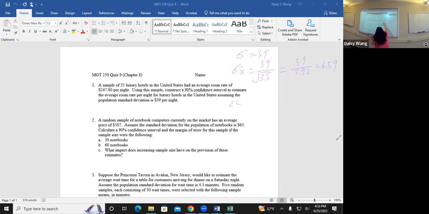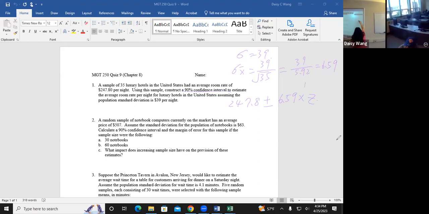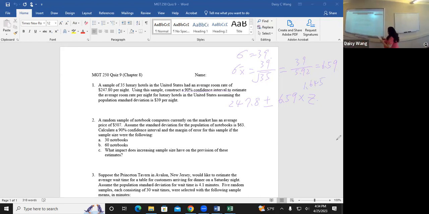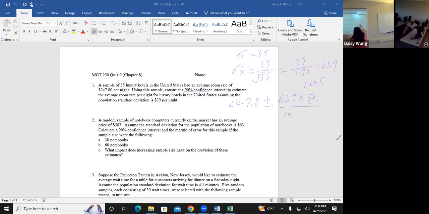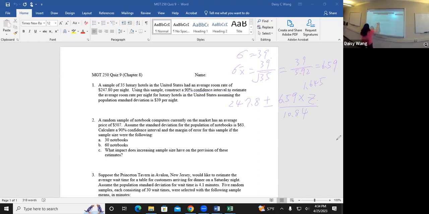So it will be the X bar or mu plus minus this times the Z. Z when the confidence interval is 90% is 1.645. So 1.645 times 6.59, this part will be 10.84. So plus minus 10.84, this will be 236.96 to 258.